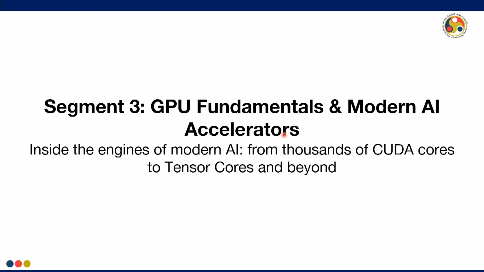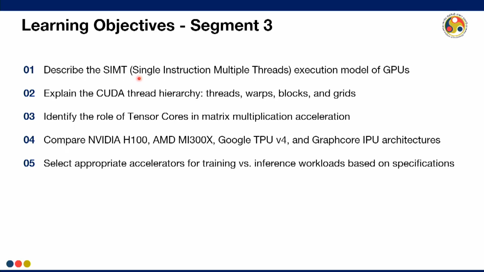There are so many accelerators or devices available nowadays to deploy the AI workloads that we want to accelerate in modern applications. After this session, you will be able to understand the SIMT execution model of GPUs.